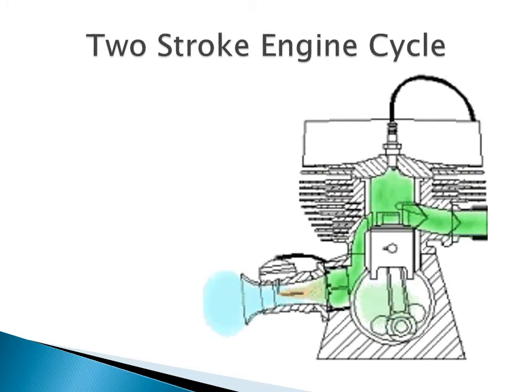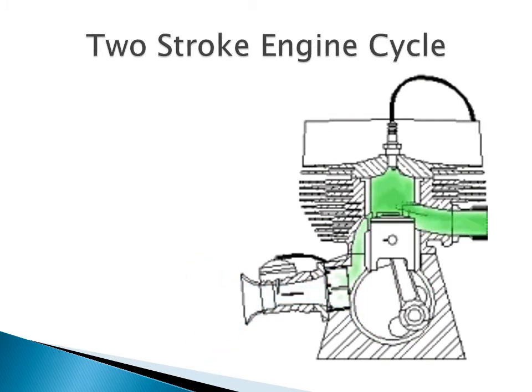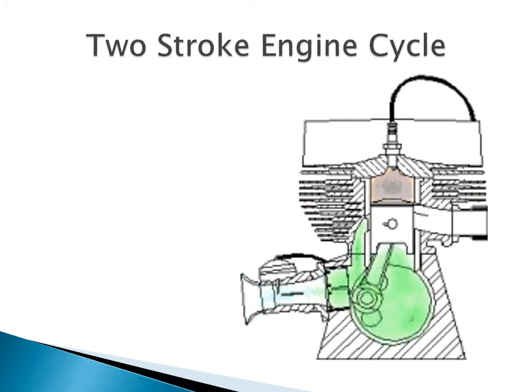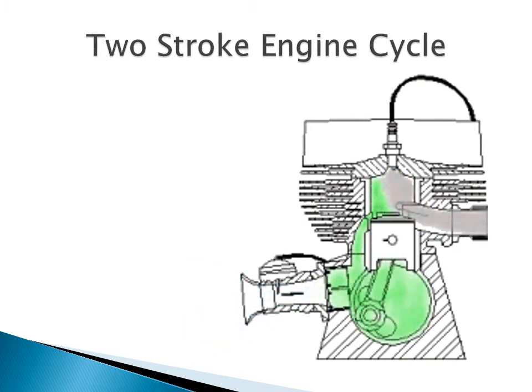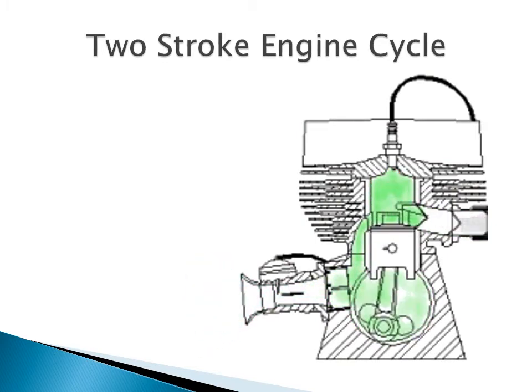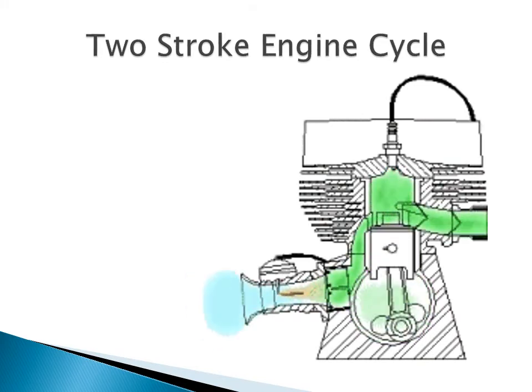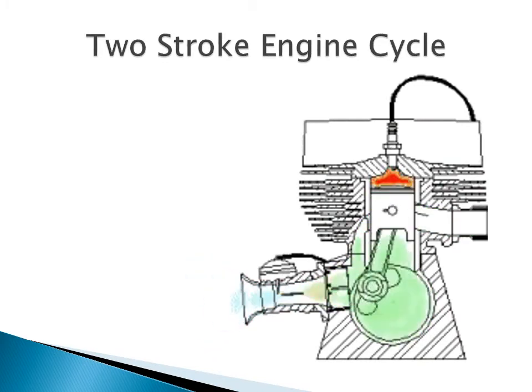Okay, so what you see here, this crude illustration, I did not draw it. But it does show our two-stroke engine in motion, and you'll kind of notice because the piston's going up and down just one time. That's up as one stroke, down as another stroke, so that's two strokes.